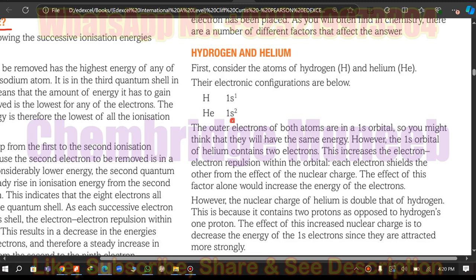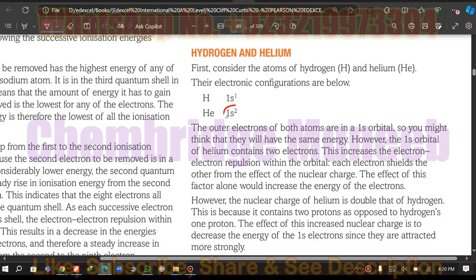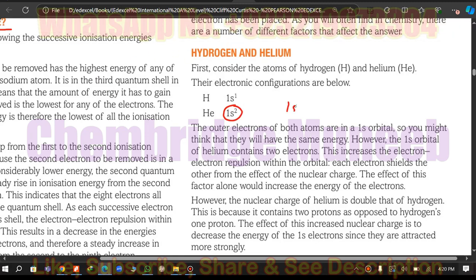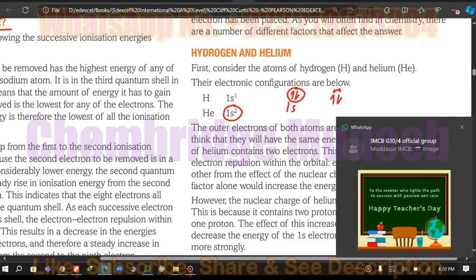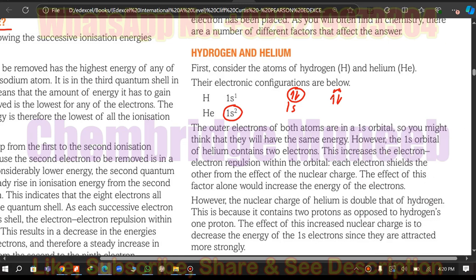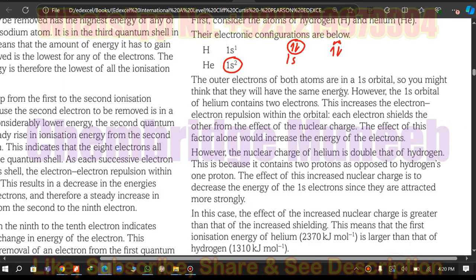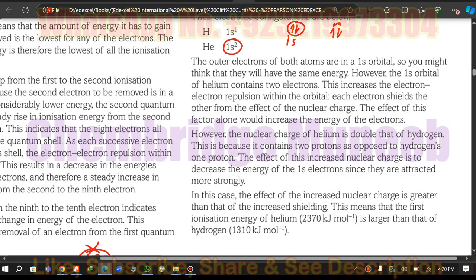If I draw it like this, there is a pair of electrons in this 1s orbital, and the repulsion between one electron and the second electron in the pair is creating a higher energy in the 1s orbital. All right.